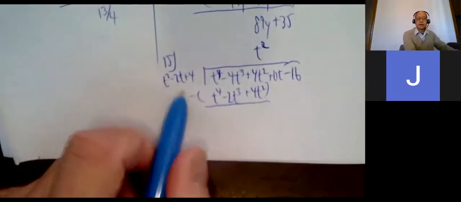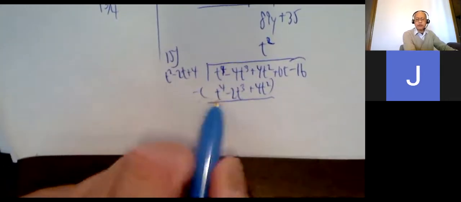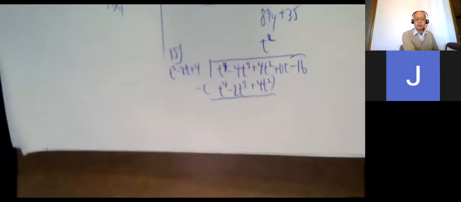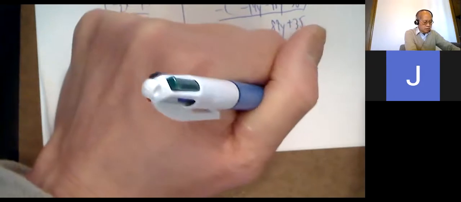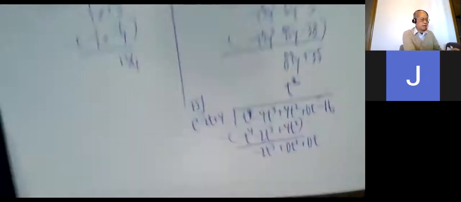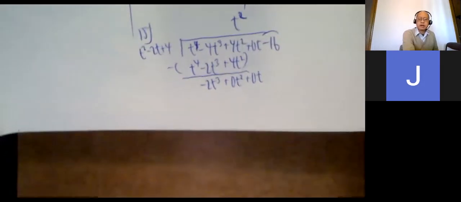Subtract. This cancels out. This cancels out. Negative 4 minus a minus 2 is negative 4 plus 2. Negative 2t cubed plus 0t squared plus 0t. A lot of zeros, but that's okay. Remember that.